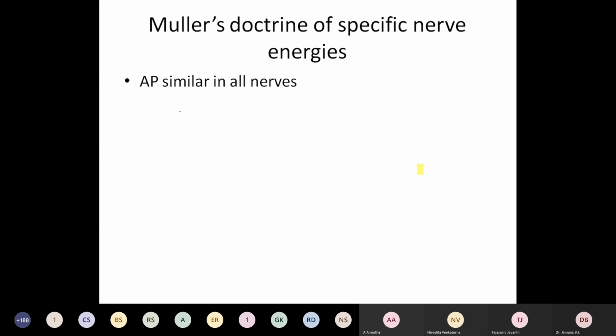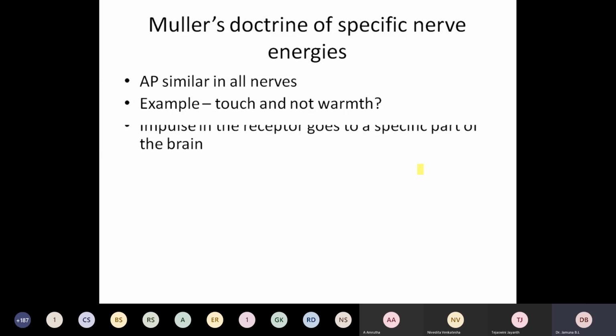But how does our nervous system interpret it as different sensations, like touch, warmth or pressure? Because whatever impulse is generated in a receptor goes to a specific part of the brain. The part of the brain that has to interpret touch sensation is the only part that will get stimulated.